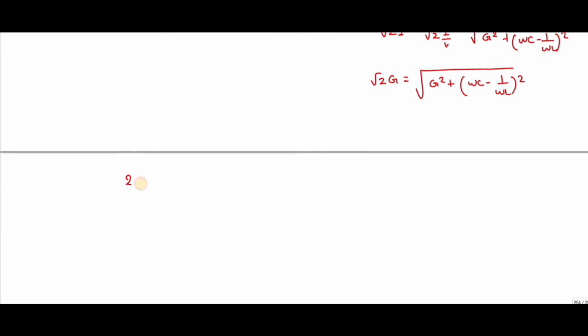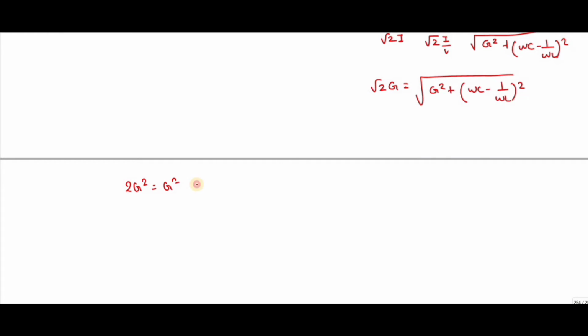So if I square both sides, I will get 2G square is equal to G square plus omega C minus 1 divided by omega L the whole square. So G square is equal to omega C minus 1 divided by omega L the whole square.